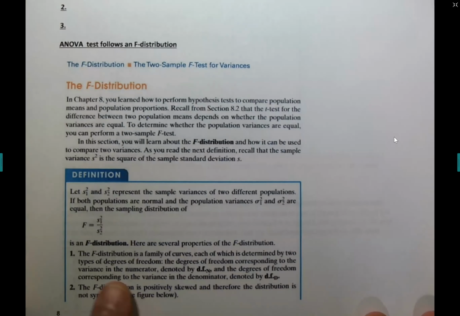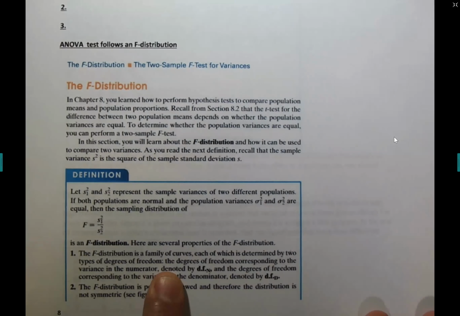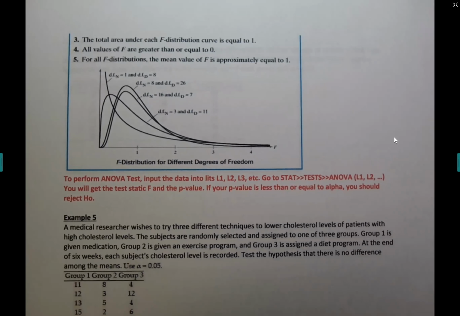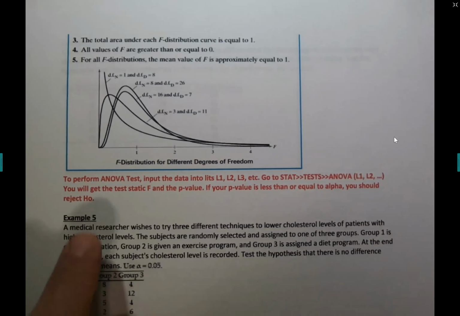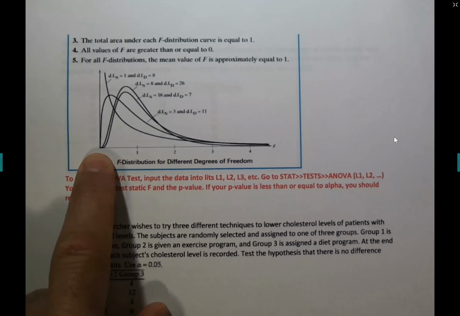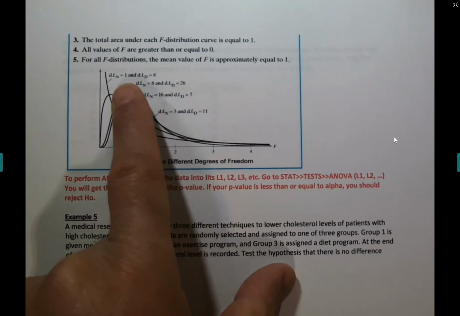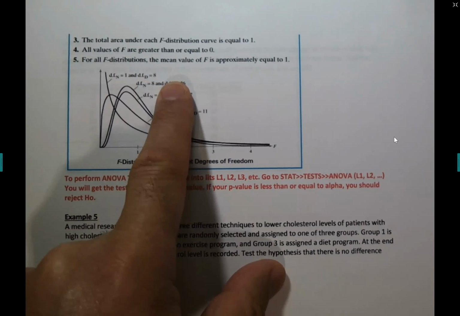The F distribution is a family of curves, which let me show you right here. The value of F is always positive. Look, guys, it starts at 0, no negative values. It looks like it is skewed to the right. It has 2 degrees of freedom, one called the numerator and one called the denominator.